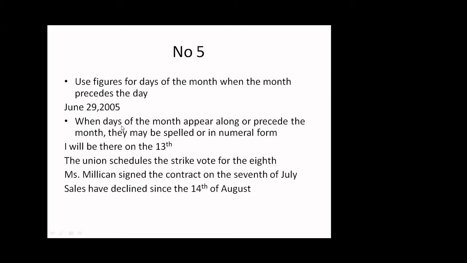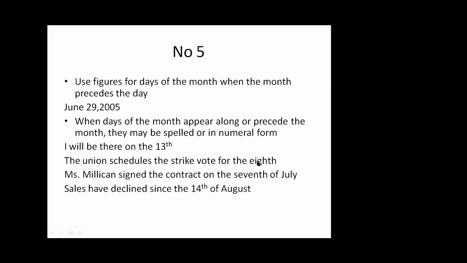The next part is when the days of the month appear alone, without the month. Here it is only the day. I will be there on the 13th. You are not talking about the month here. And the union schedules the strike vote for the 8th.